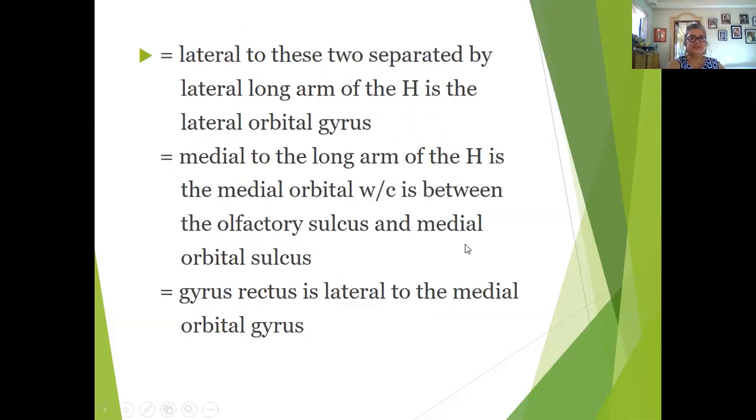Then lateral to these two, separated by the lateral long arm of the H shape, is the lateral orbital gyrus, and medial to the long arm of the H is the medial orbital gyrus, which is between the olfactory sulcus and the medial orbital sulcus.